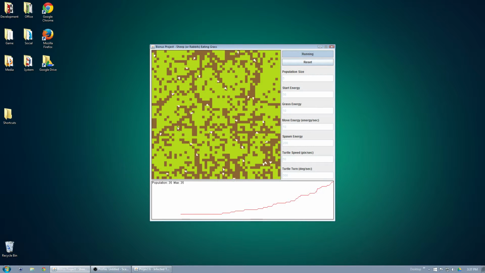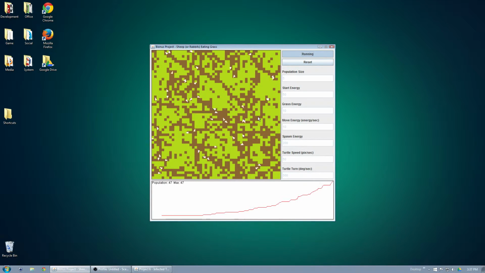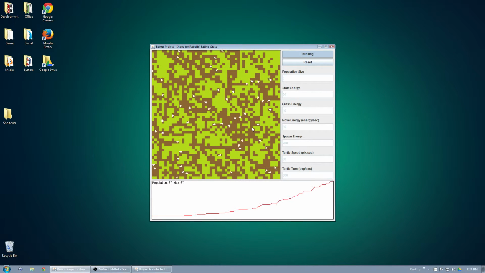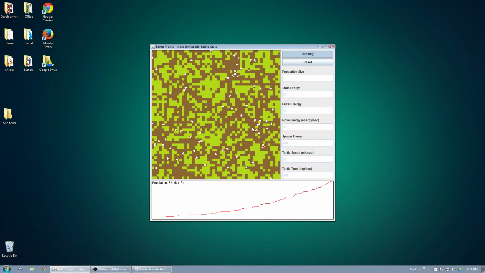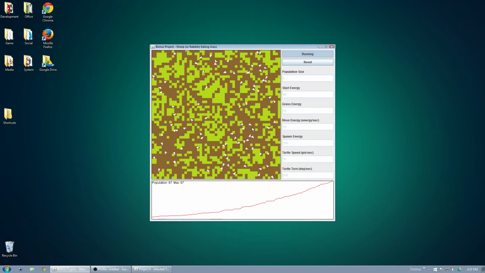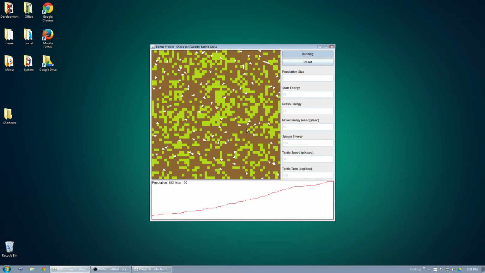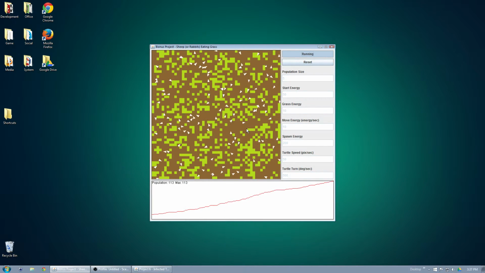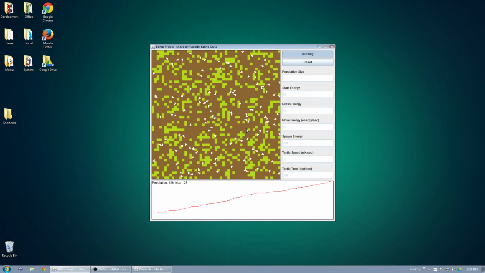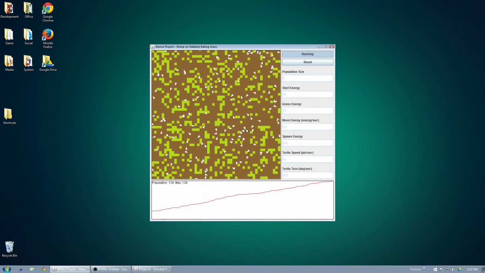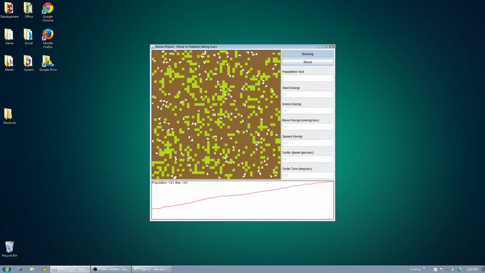Hopefully what will happen is there's going to be more grass in general in the terrain, because... no, maybe not. I was thinking that because the population would be growing slower, but the sheep are still going to have to be eating a lot of it.